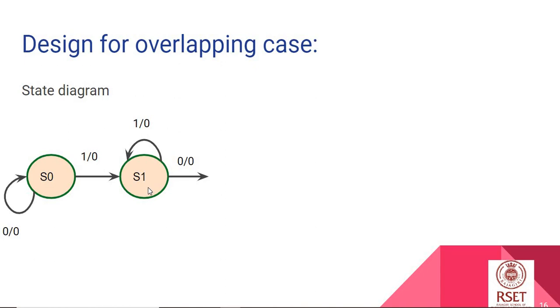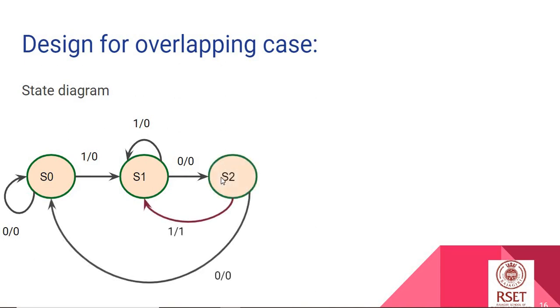And similarly, when we are at S1, it means that we have got one of our sequence. If it is 1 again, it means we remain there itself. While if we get 0, we go to the next state where we have 1, 0. Since it is a design for an overlapping case, now we have 1, 0. If we get a 1, we can again go to the state S1, saying that I have got 1 in my hand.